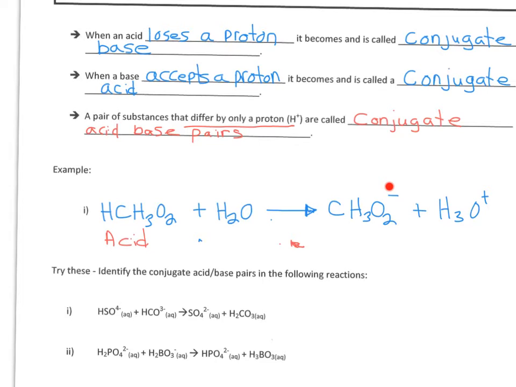And because right here, CH3O2 differs only by the loss of a proton from the acid, it is the conjugate base. The substance that has gained a proton looks like right here, water has gone from H2O to H3O+. So because it has gained a proton, it becomes the base. And over here, H3O+ is the conjugate acid because it only differs from the base by the addition of a proton, by the addition of an H+.